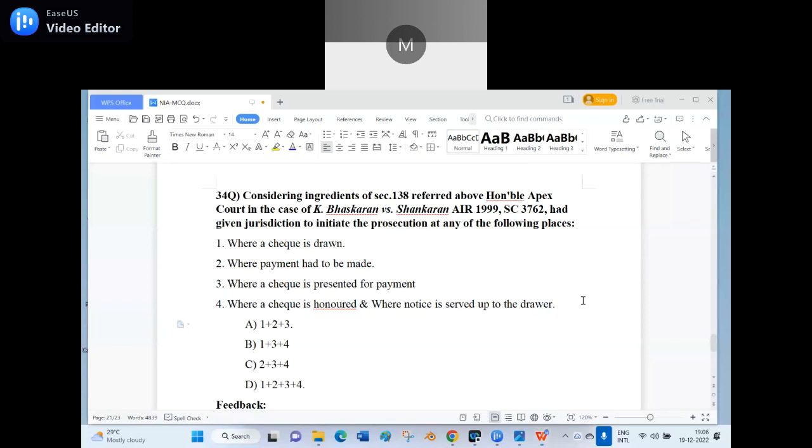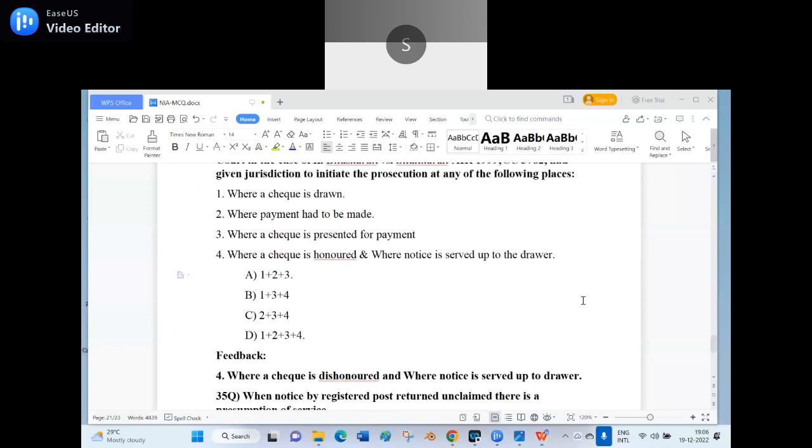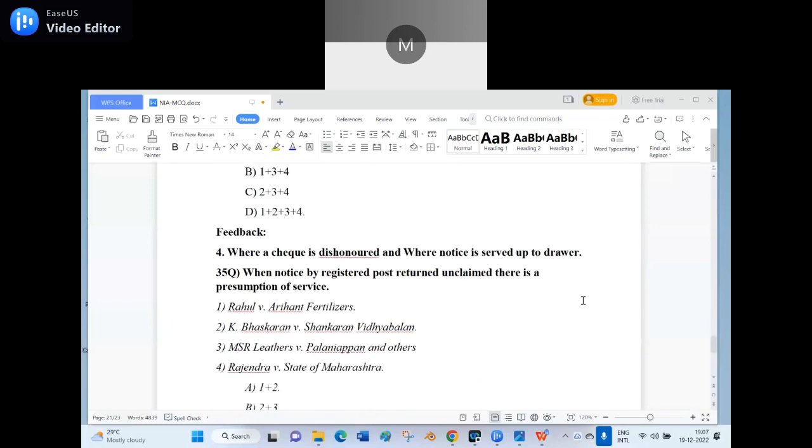When a check is honored, there is no issue, sir. When a check is honored, there is no issue at all. A simple point: where a check is dishonored, then the issue starts. Is it clear? So that is the reason that I want to see your IQ.